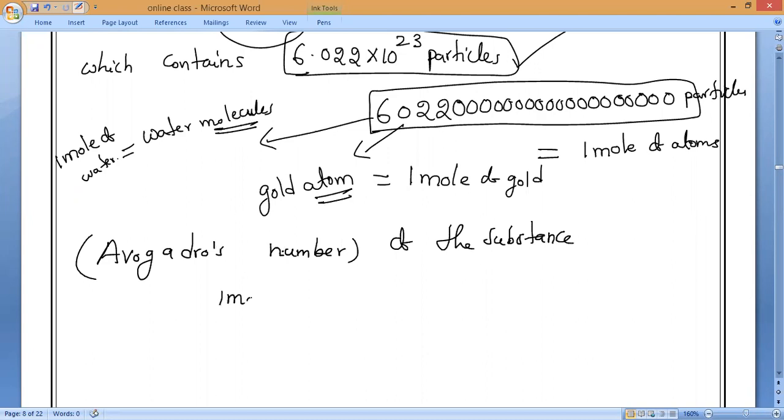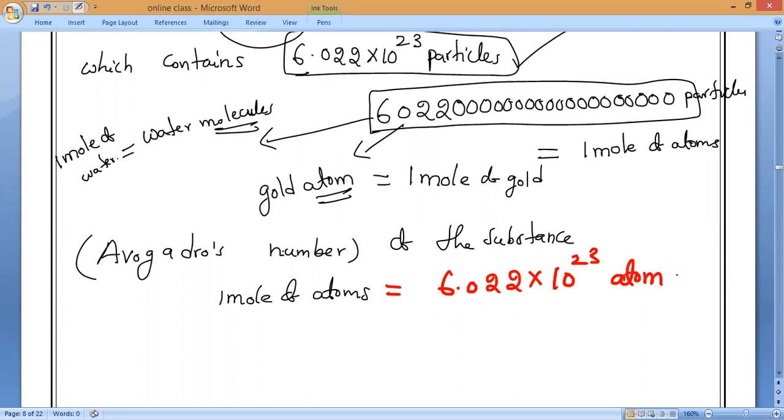1 mole of atoms is equal to how many atoms? Avogadro number, which is equal to 6.022 into 10 power 23 atoms. If I say particles, particles; if I say molecules, molecules. That is what you have to remember.